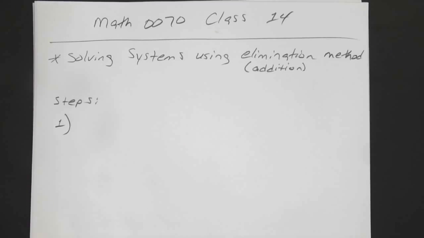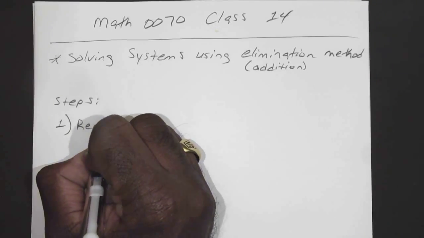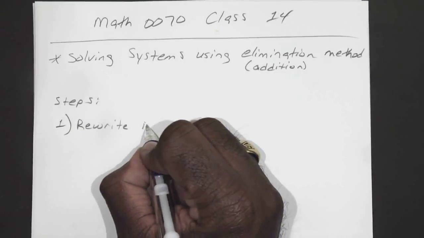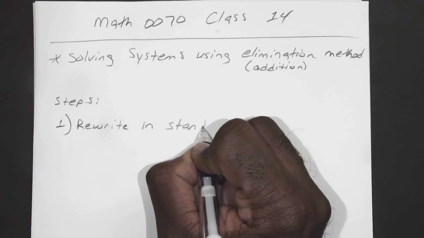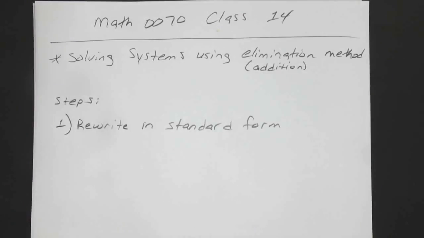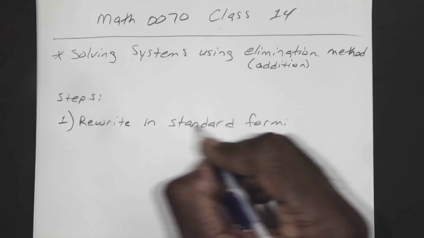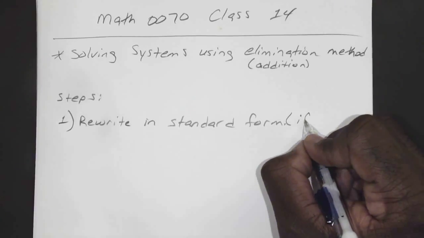Okay, so your first step, you're going to rewrite each of your equations in standard form. And that just means bringing all of your variables to one side. And that's only if it's necessary.